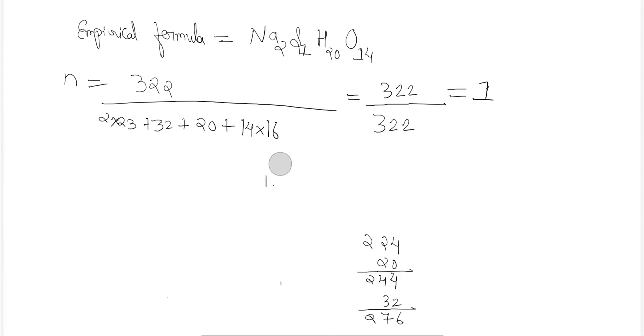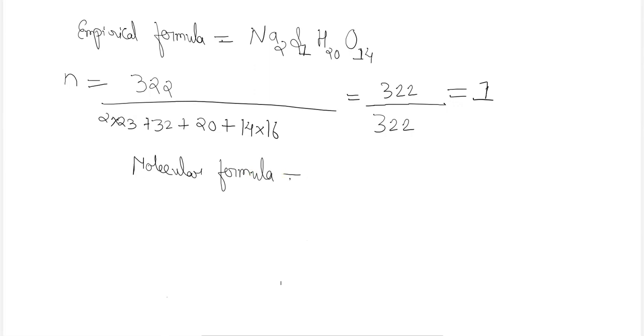Okay. So the molecular formula will become Na2SO4 and 20 hydrogens will combine with 10 oxygens, so it will form 10H2O.